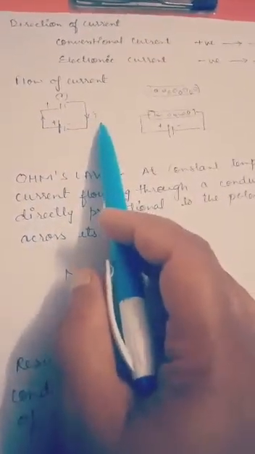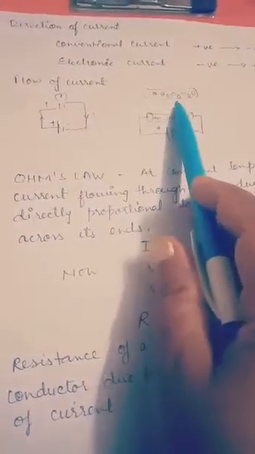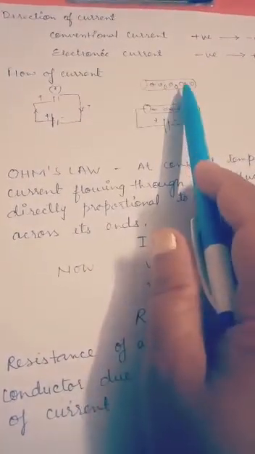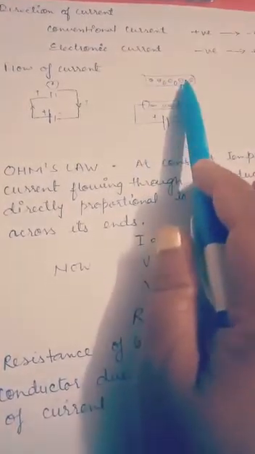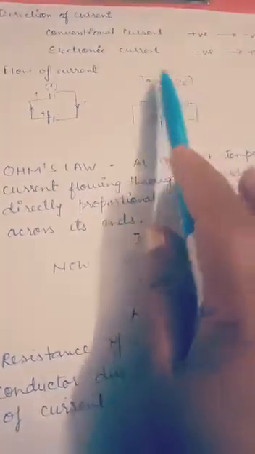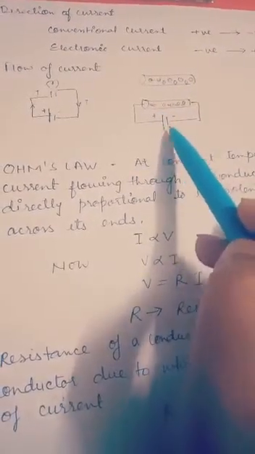Now coming to the flow of current. If you take a wire randomly like this without connecting a battery, the free electrons in this metallic wire will be flowing randomly here, there, anywhere. But if you connect it with a battery, what will happen?